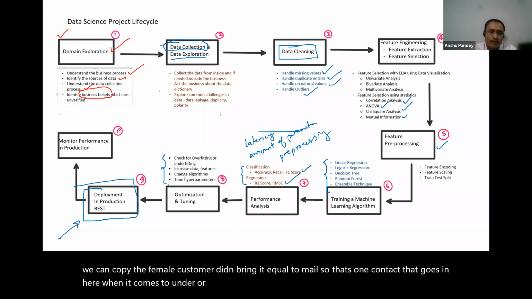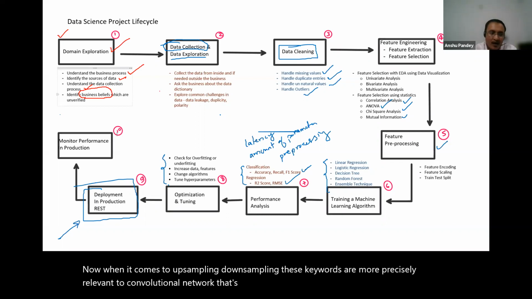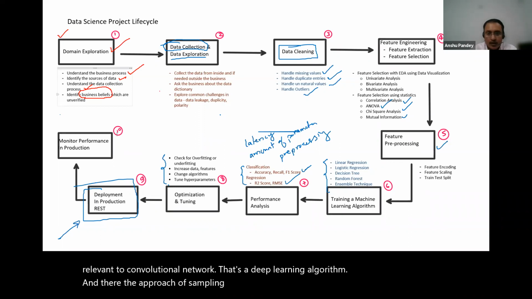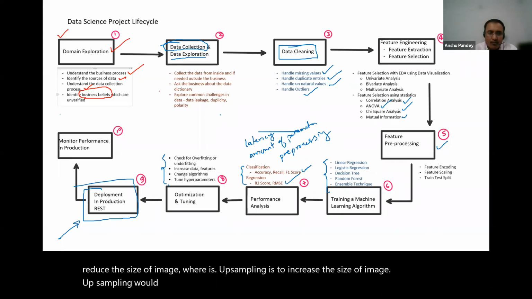Now, when it comes to upsampling and downsampling, these keywords are more precisely relevant to convolutional neural networks, which are a deep learning algorithm. There, downsampling is to reduce the size of an image, whereas upsampling is to increase the size of an image. Upsampling would be required whenever you're doing image formation, for example GANs, where you're trying to build a fake image.